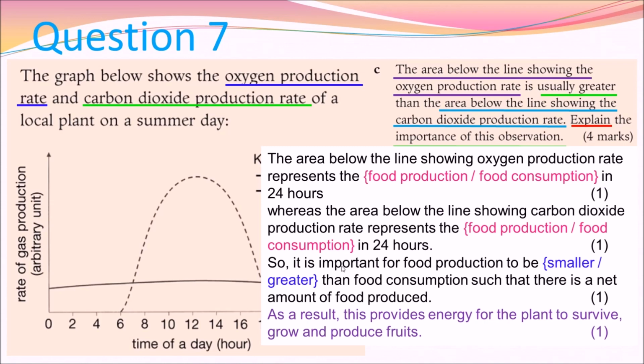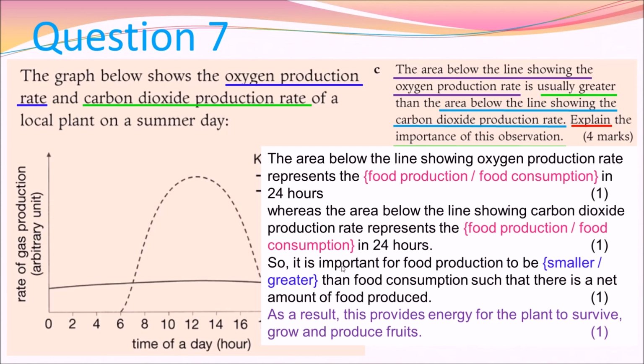And then the third mark is that it's important for the food production to be smaller or greater than the food consumption, so that there will be a net amount of food produced. So what should the production be, smaller or greater than the food consumption? And the last mark, as a result, this provides energy for the plant to survive, to grow, to produce fruit.